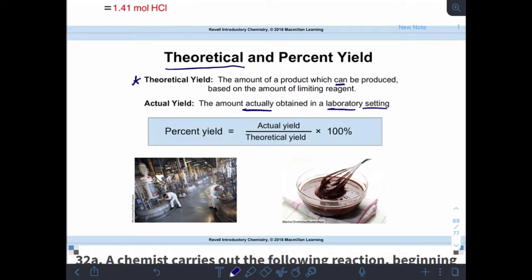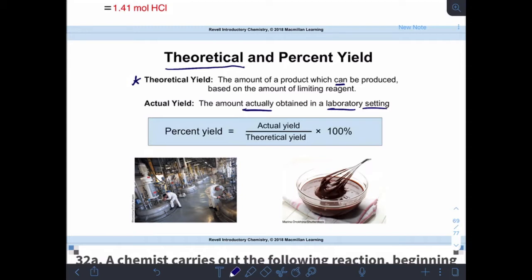Because in real life, in real laboratories, things get spilled, measurements are inaccurate, people make mistakes, humidity's wrong, pressure's wrong, who knows? Lots of things happen to limit the amount that you actually get when you do an experiment. So in these images here, the image on the left is a chocolate factory, and you see all of the many containers that are making chocolate.